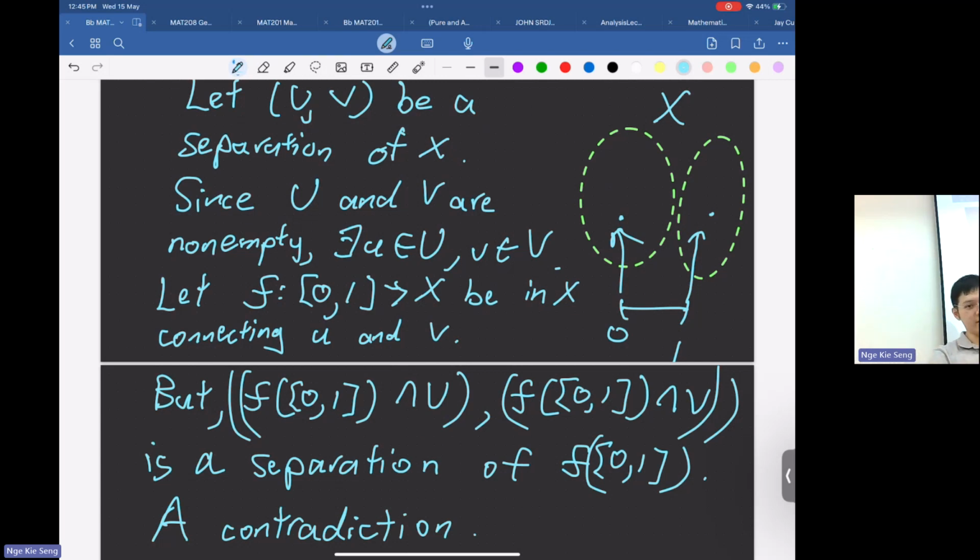Okay, but also you can use Brand's argument. If you have a connected subspace, it has to lie inside one of them. Then you cannot connect the other point in the other set. Okay.